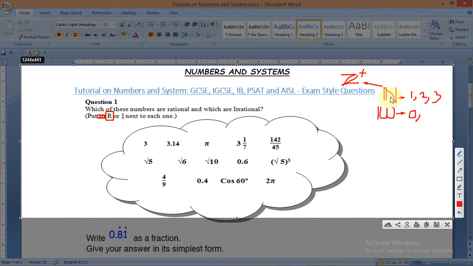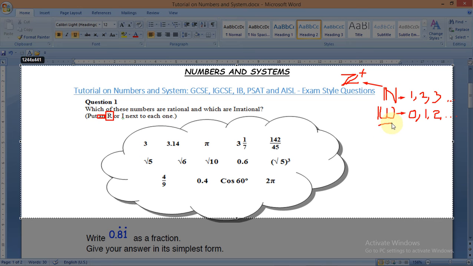I say that 0 is not a member of the counting numbers because 0 is not a counting number. But 0 is a whole number. So 0, 1, 2, and it's an infinite set, so you can use 3 dots here. Then that means the set of counting numbers is a subset of whole numbers.